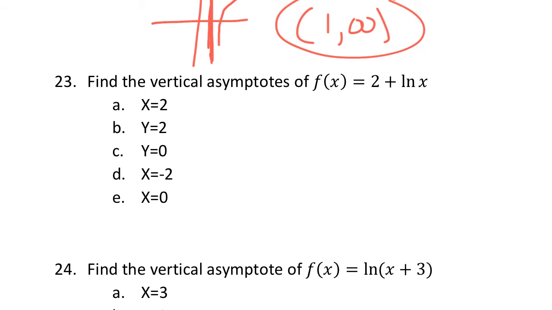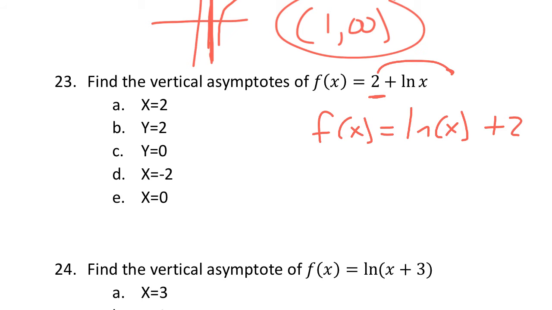Now, I'm not a great big fan of this 2 out in front here. It really belongs at the end, but I kind of know why they do that. We want to be careful that we understand this is the natural log of x, then plus 2. It's not the natural log of x plus 2 in parentheses.